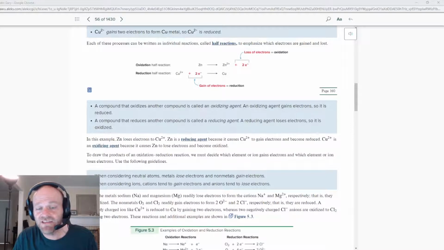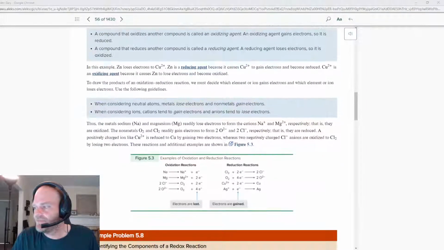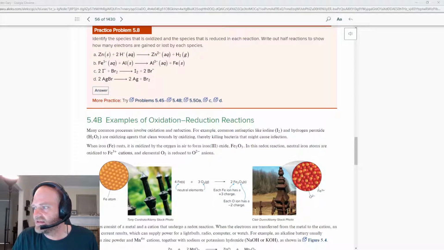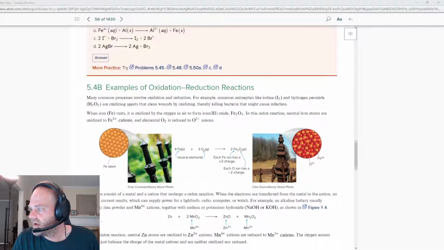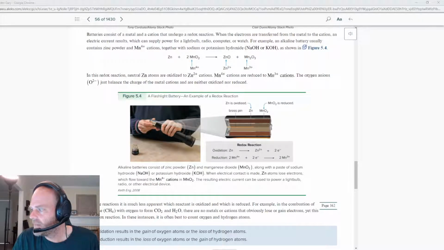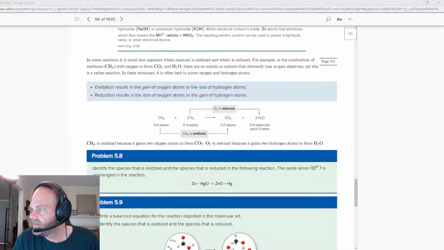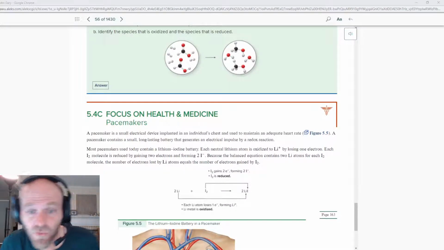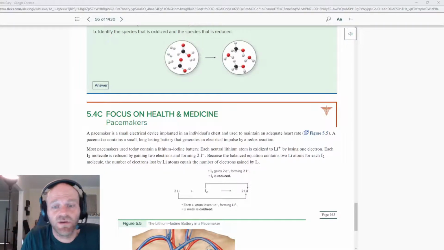Now, balancing these are a little difficult too because, as I said, you have to kind of keep up with the charges as well. But we'll see what all is asked of you in ALEKS and whatnot. And so I don't want to get too in depth with this because these can get kind of tricky. But redox reactions are the way we get a lot of these energy type reactions done.